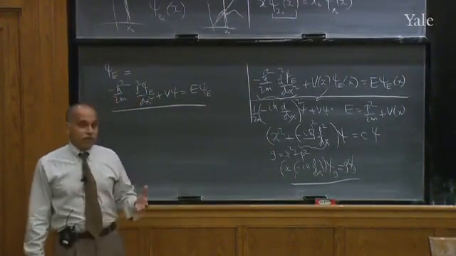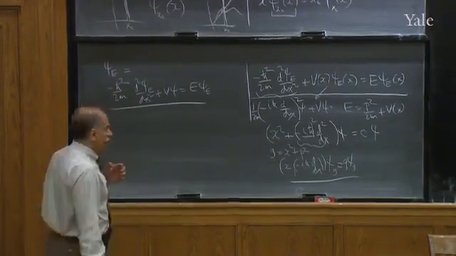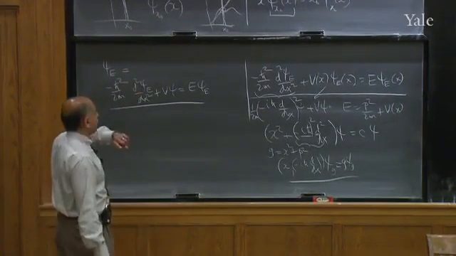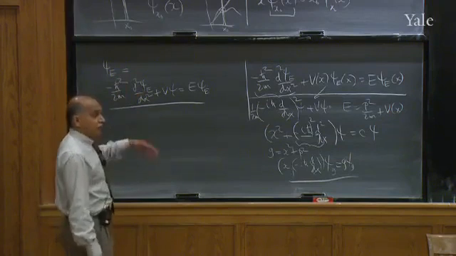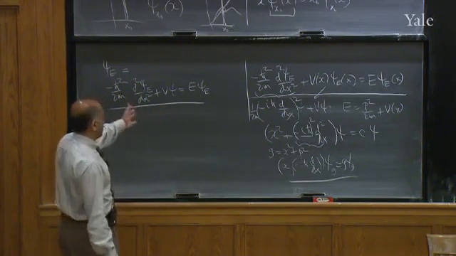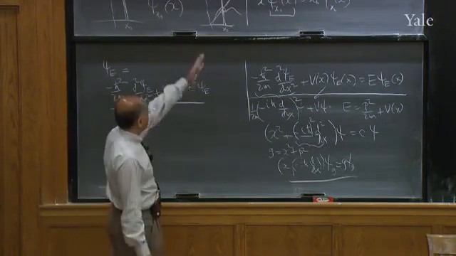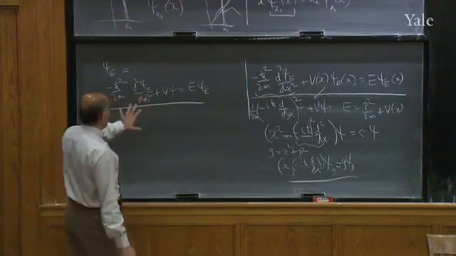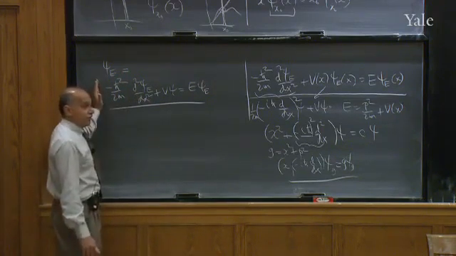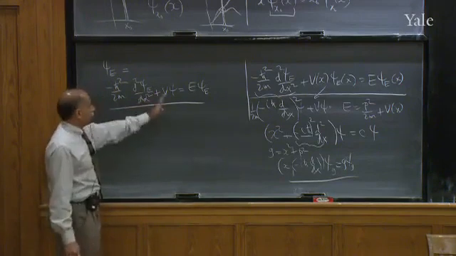But if you're looking further ahead, you should realize that it is really not an independent postulate. Once you know what happens to x and once you know what happens to p, you can predict what the equation will be for any function of x and p. So if you see that analogy and it's helpful to you, you're welcome to the right-hand side of the board. If you find it complicated, add on to your list of things to remember one more thing. If you want a state of definite energy, you've got to solve this equation.